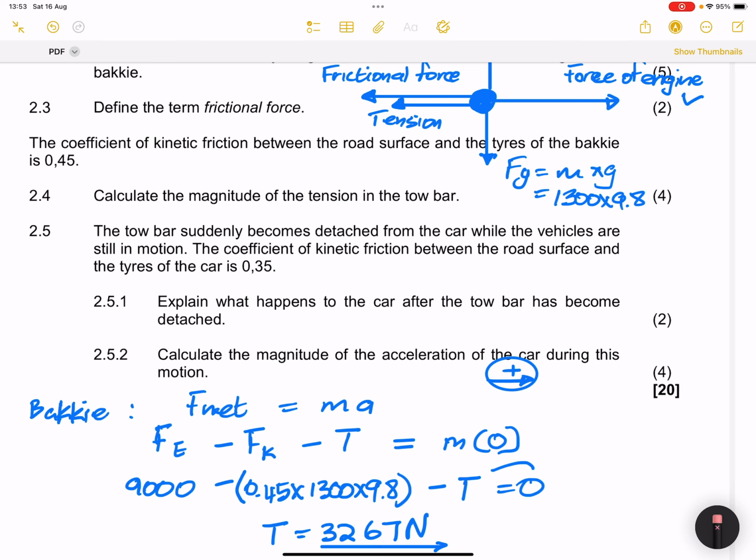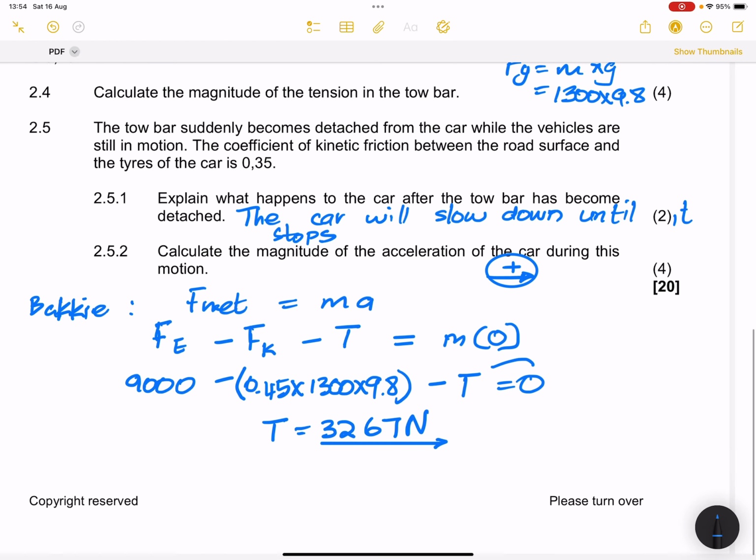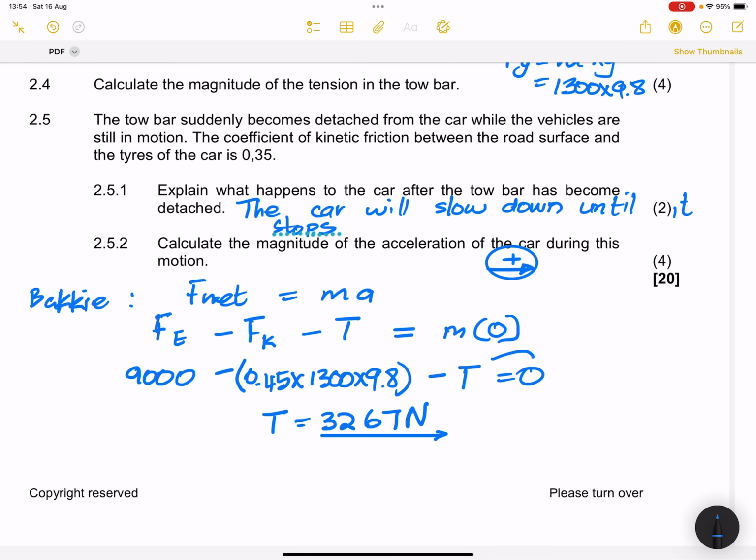It will continue to move forward, but remember that friction will actually get the better of it. Which means that it will slow down. So the car will slow down until it stops.